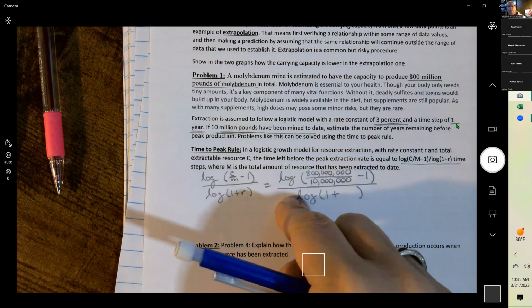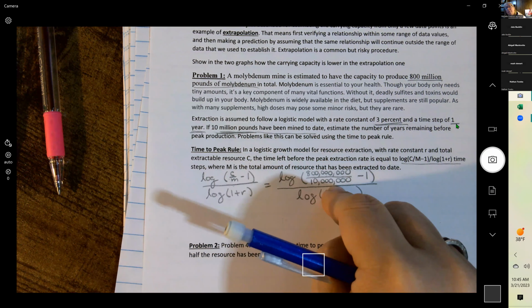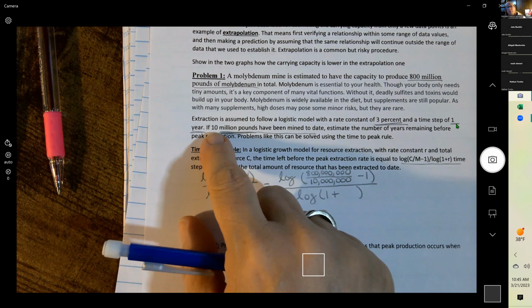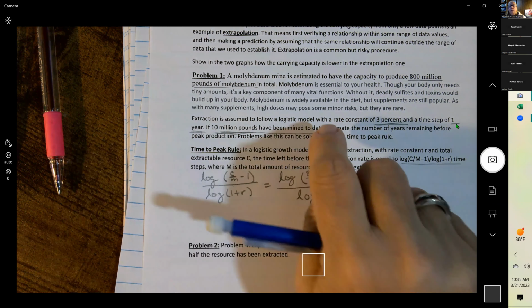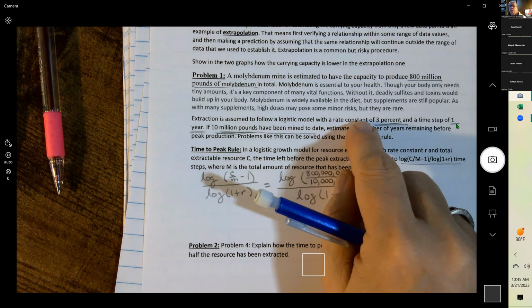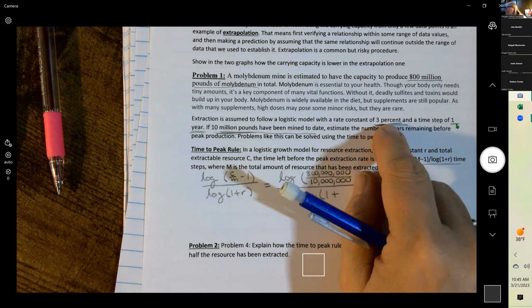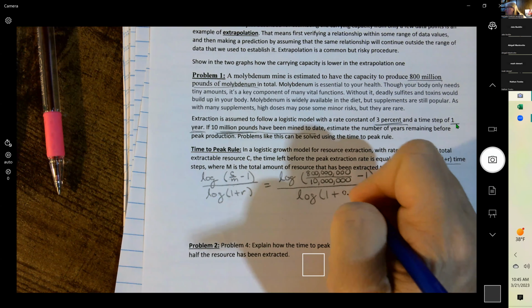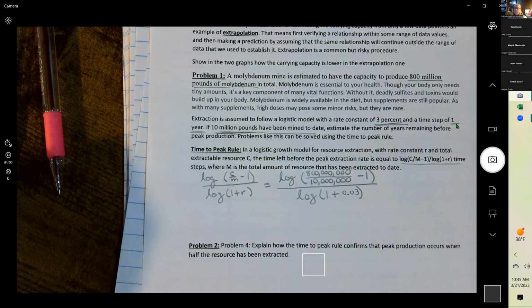And M was the amount that was already mined, and that was 10 million. The only other thing we need is R, which was our rate. A constant rate, 3% as a decimal, 0.03. Any questions on that part?